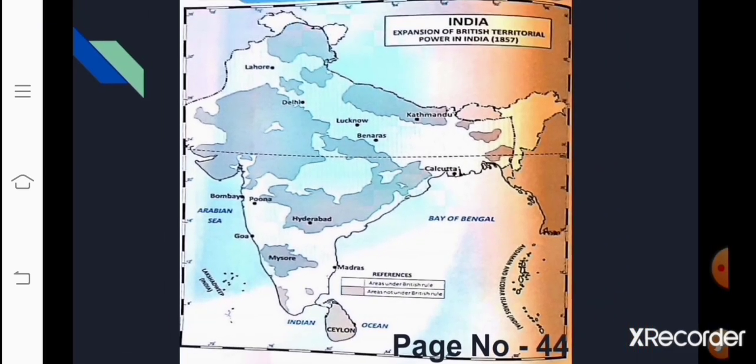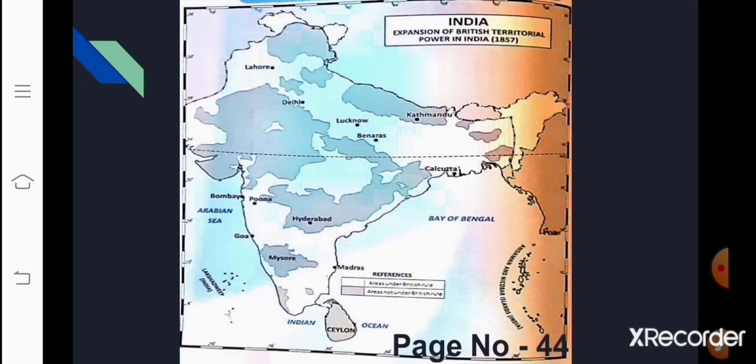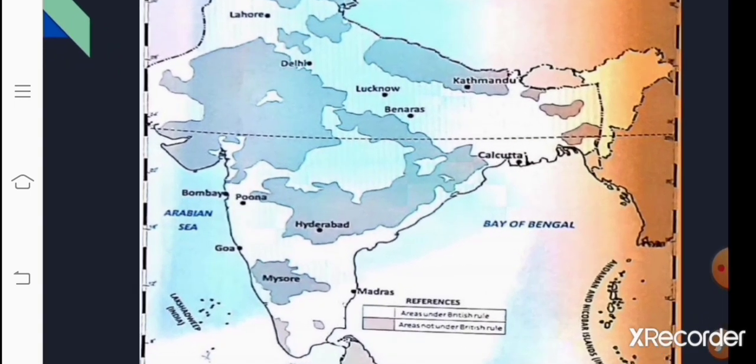Based on this, now read this question. On an outline map of India, locate and label the following. First one, A is Mysore and B is Delhi. Now children, before doing the location, let's just search where is Mysore and where is Delhi.